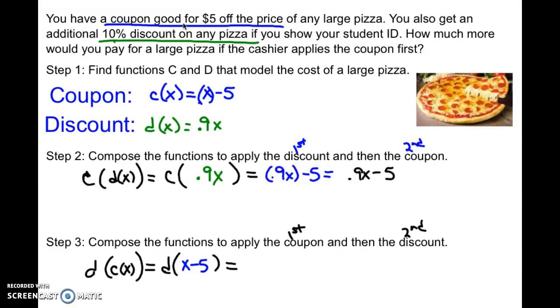And then if we look at our D, that says take 0.9 times your variable, so 0.9 times, and our variable here is X minus 5. If I distribute that, we get 0.9x minus 0.45, or I'm sorry, minus 4.5.